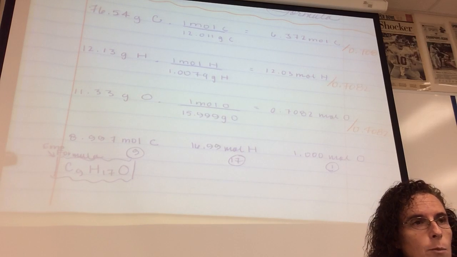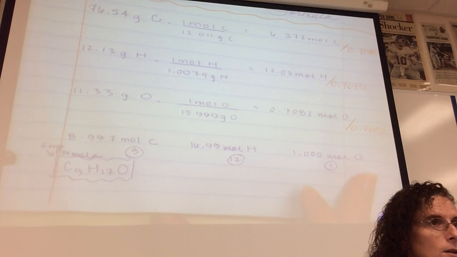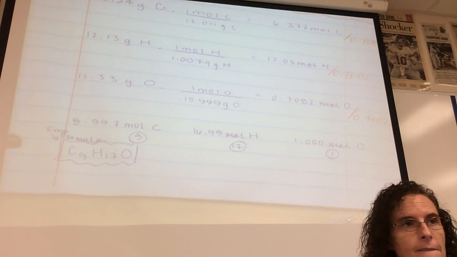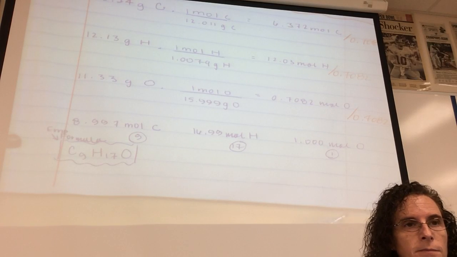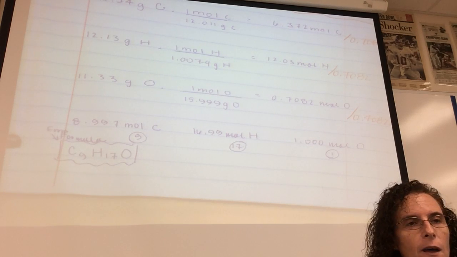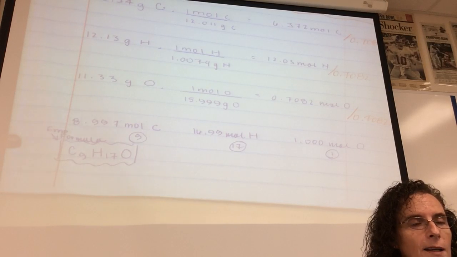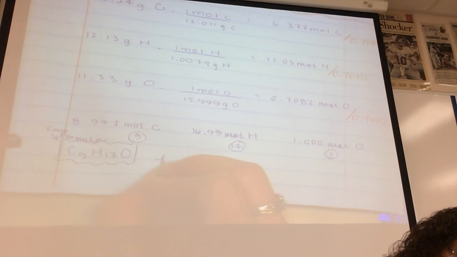So once I get the empirical formula, then I swing into the molecular formula aspect. What do I do next? You have the molecular mass, you want to get the molecular formula, but what do you need to do? Empirical formula mass.